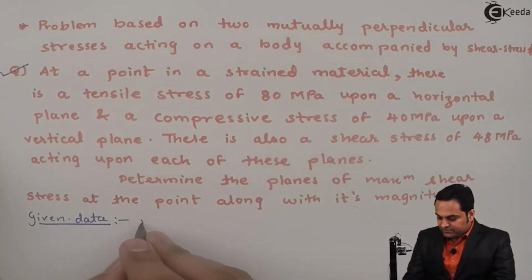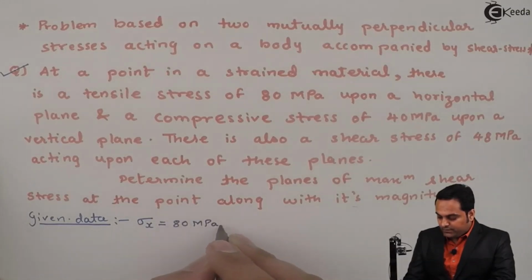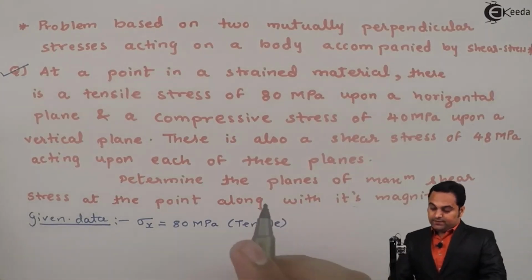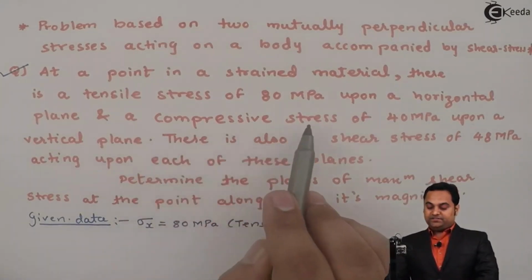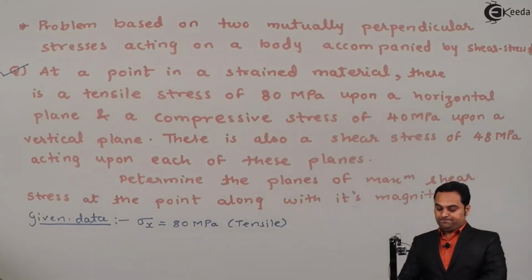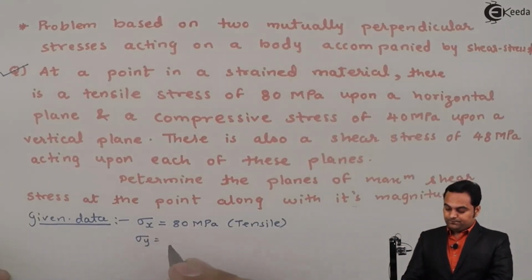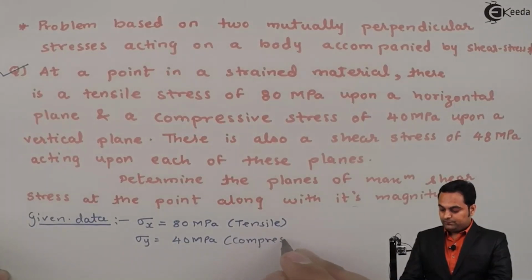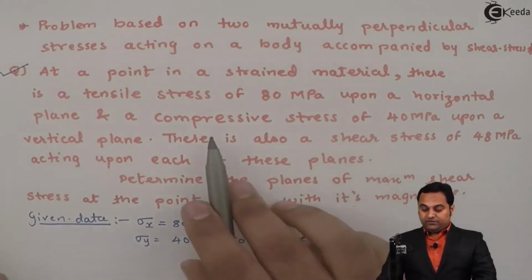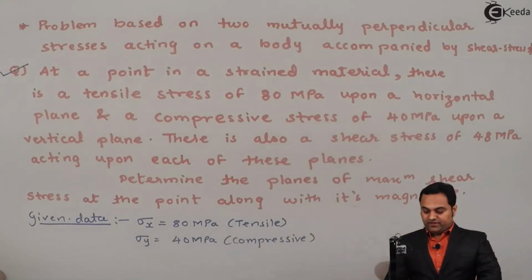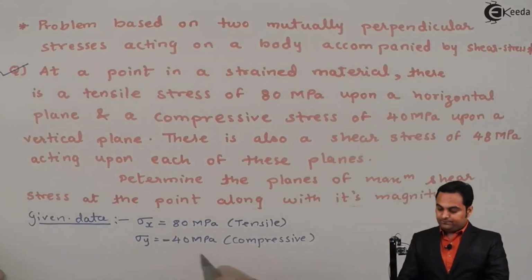I'll assume the tensile stress to be in the x direction, 80 megapascal tensile. Next, a compressive stress of 40 megapascal. Since it is compressive stress, we have to take it as negative.